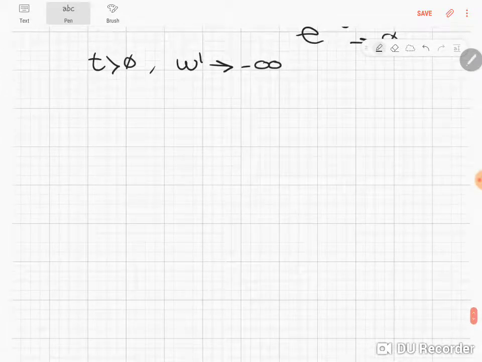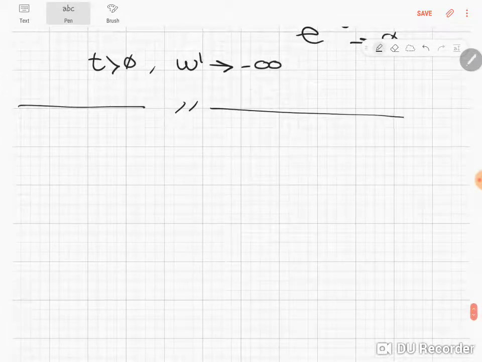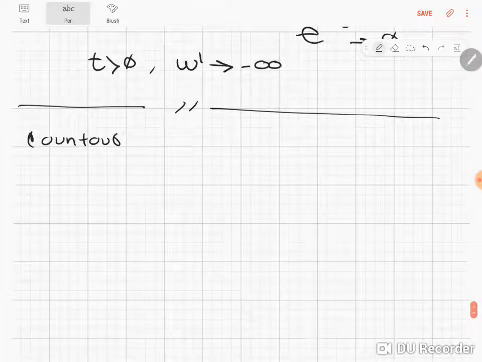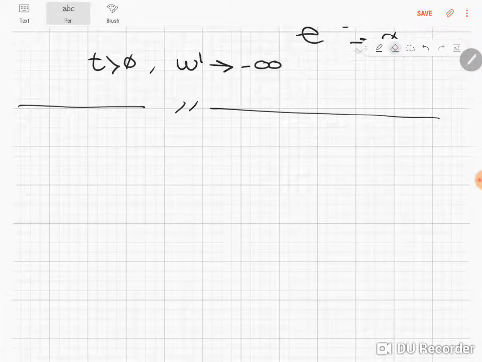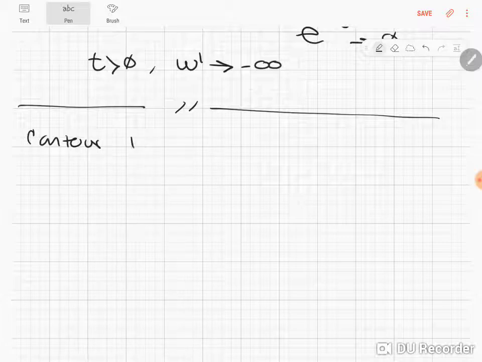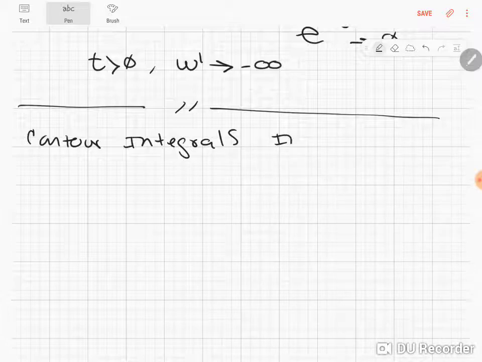And then we're now going to introduce contour integrals in the complex plane.